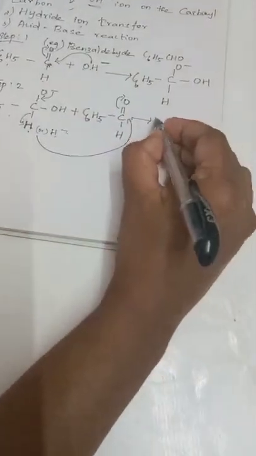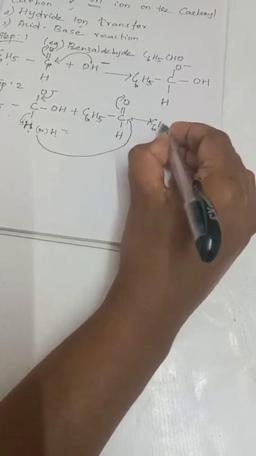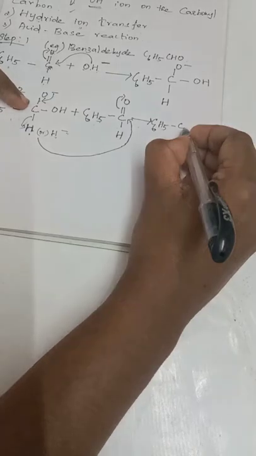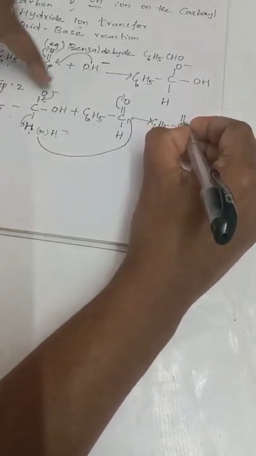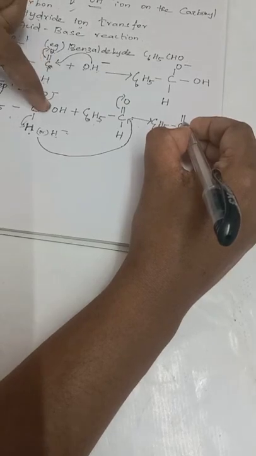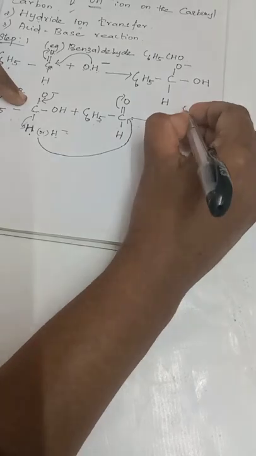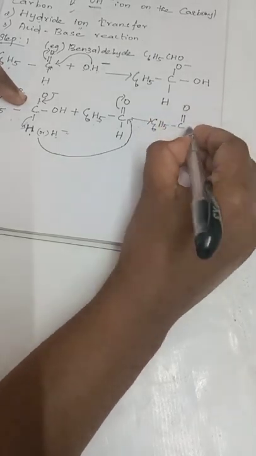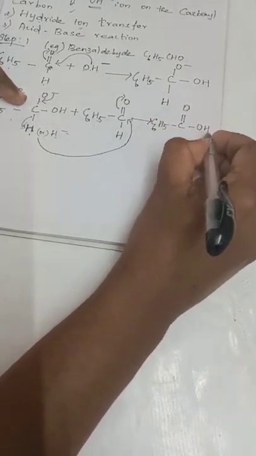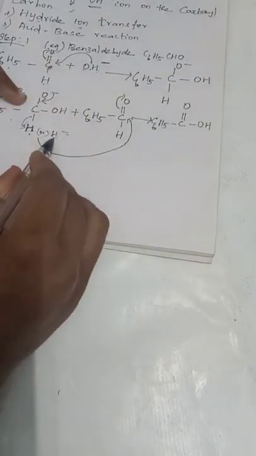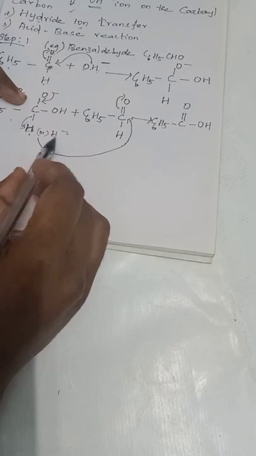Listen carefully. The first product is like this: C6H5-C-C. This minus becomes one bond; already one single bond is there. Now this minus shifts here, so we get one more bond: C=O, single bond OH. This hydrogen got converted into hydride and shifted here.